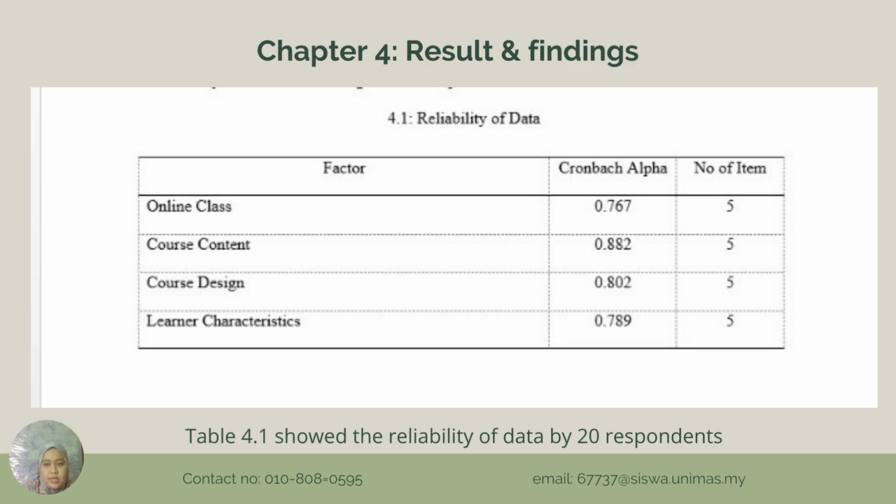Therefore, every questionnaire item is said to be valid because the Cronbach's alpha is greater than 0.7. So, the data in this study can be classified as good and adequate for this research.